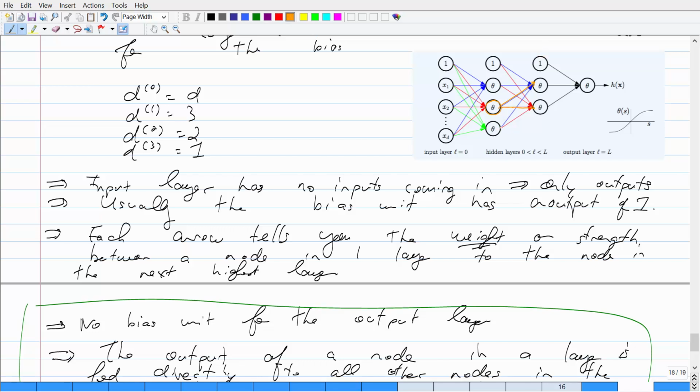This one here forwards the output into these two neurons, except for the bias. So there's no bias unit for the output. The input units only have outputs; that's where you put the particular training example you're looking at. And then the output of each neuron gets fed to every single node or neuron in the next layer, except for the bias.